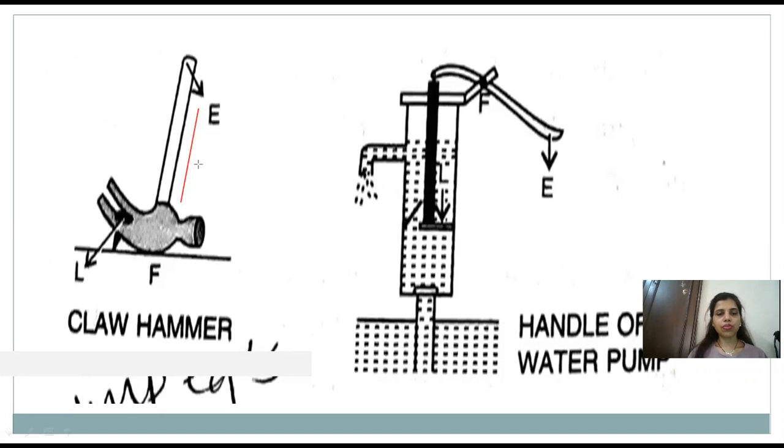And this is the load arm. So if you see the length, effort arm is greater. So even the claw hammer is acting like a force multiplier where MA is greater than 1.